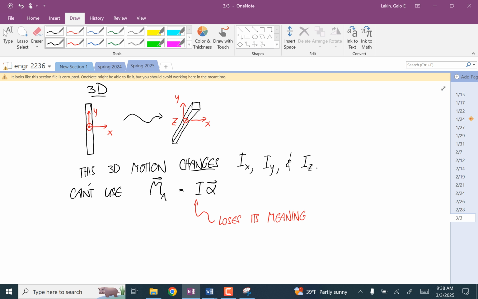Yeah, that's a really good thought, and that is kind of how you go about changing to 3D. But then you have to deal with the fact that the coordinate system is rotating, which, as I've mentioned, causes its own problems.